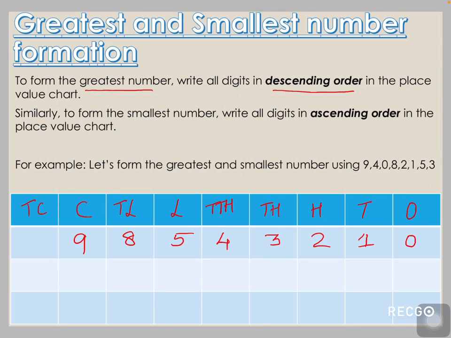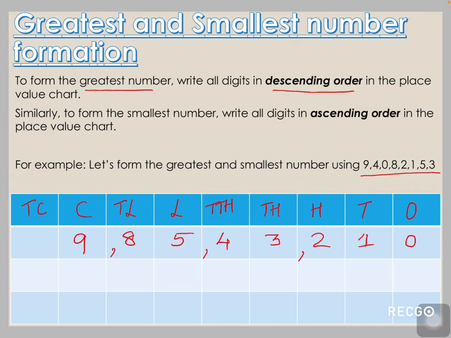Let's insert the commas to read the number we have made. The greatest number of 8 digits is 9 crore 85 lakhs, 43,210. This is the greatest number of these 8 digits we were given.